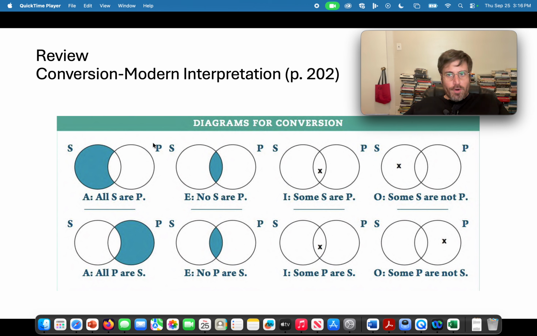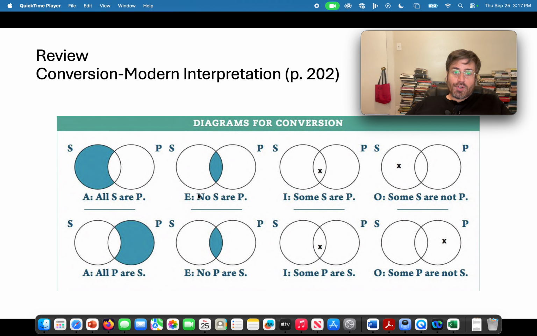So refer back to this on page 202 regularly, refer back to it early and often, and you can see pretty much right away from the Venn diagrams which propositions allow us to validly convert on the modern interpretation. The valid ones are the ones that are logically equivalent. In other words, the ones that yield an identical Venn diagram.